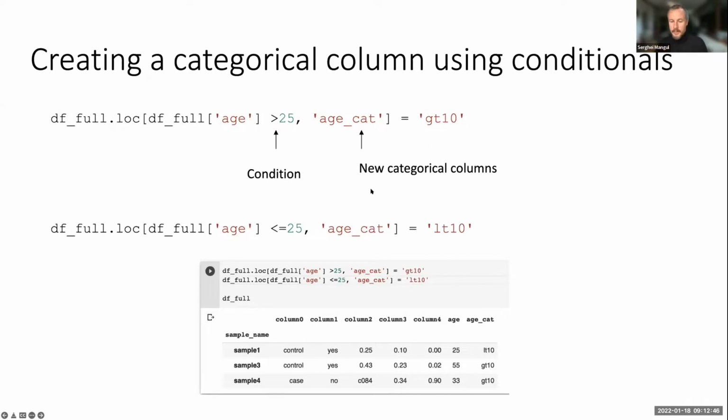But 55 and 33 are clearly greater than 25, so that's GT10. This is our logic. I hope that makes sense. We're adding a new categorical column based on age. This is what we would like to happen.